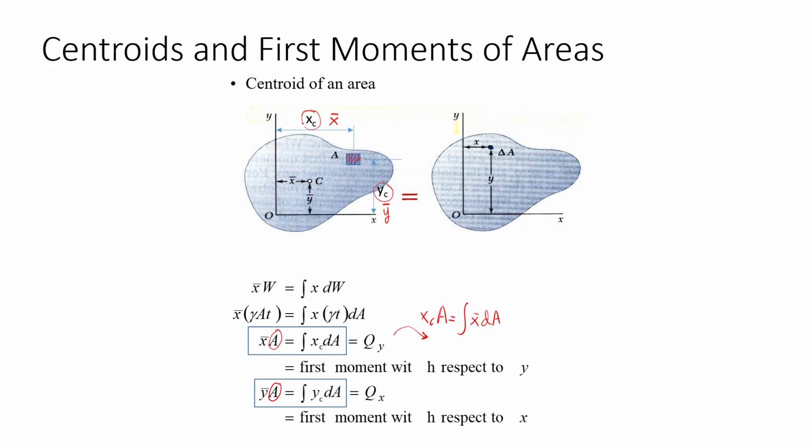So again, what I was talking about earlier is your x sub c and y sub c is the centroid going towards the differential area. Your bar x and bar y is going towards the centroid of the total area.